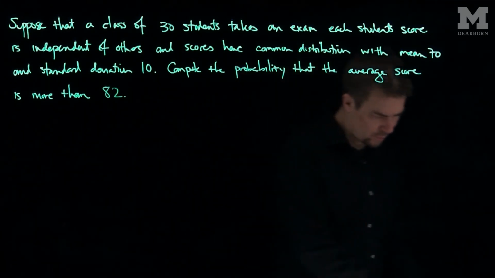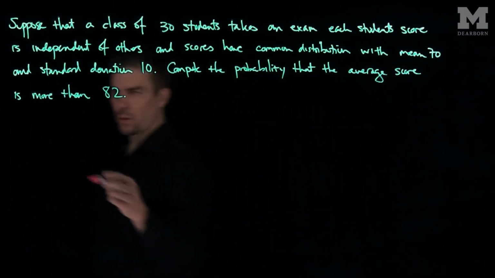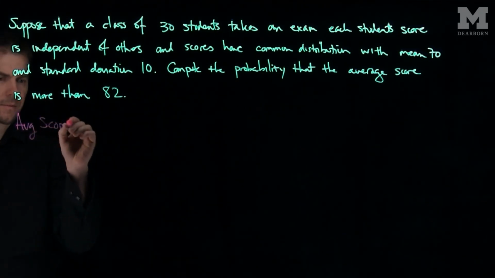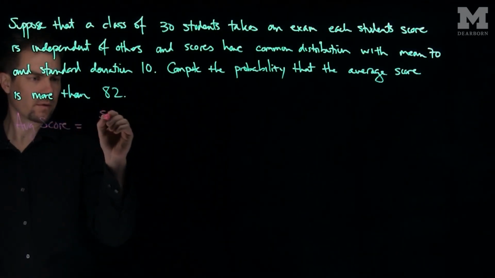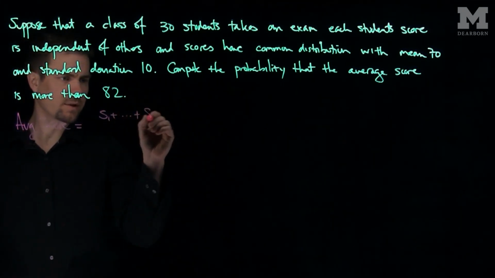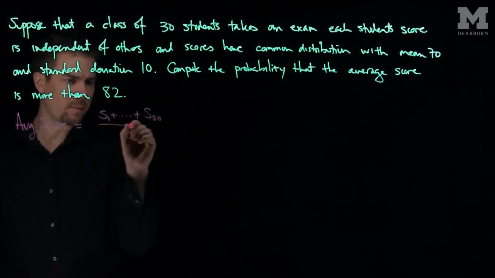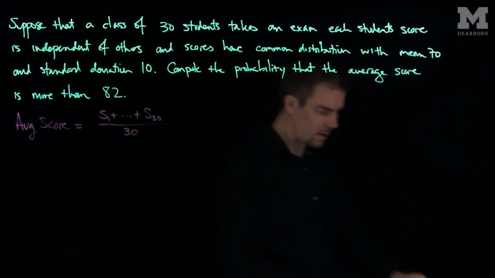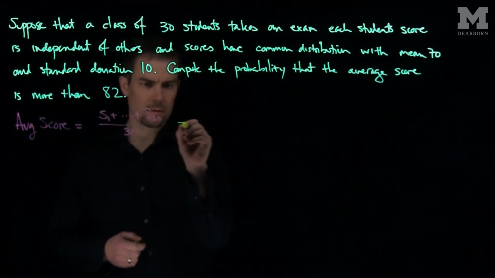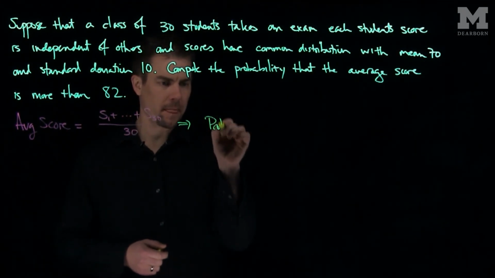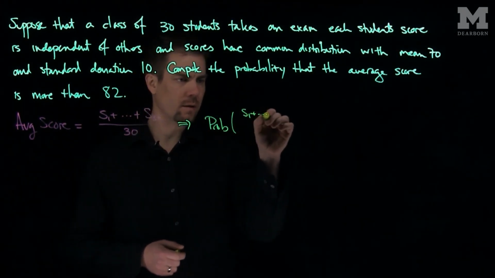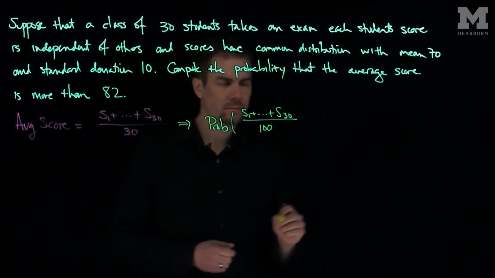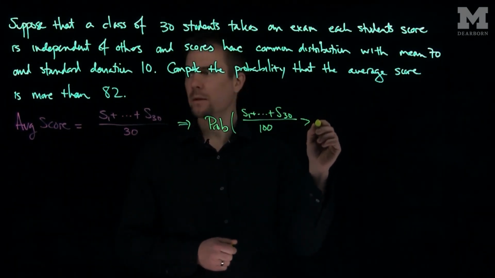To do this, we note that the average score in the class will be equal to the first score plus through the 30th score, all divided by 30. So what we want is the probability that (S1 + ... + S30)/30 is bigger than 82.